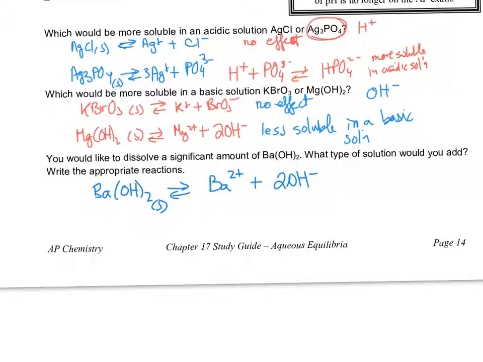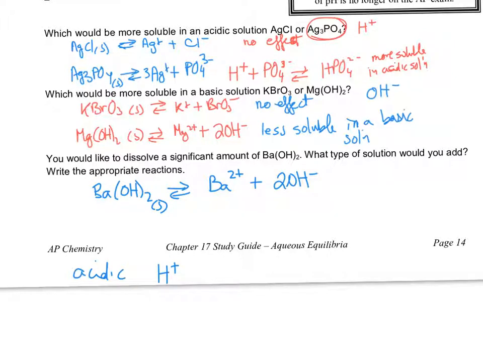All right, well, let's look at if we add an acid. So in an acidic solution, that means I have H pluses floating around. So if I have H pluses floating around, well, let's check. Do I have any common ions? No common ions. Would I have any reaction? Well, H plus and Ba2 plus would not have any reaction. How about H plus and OH minus?